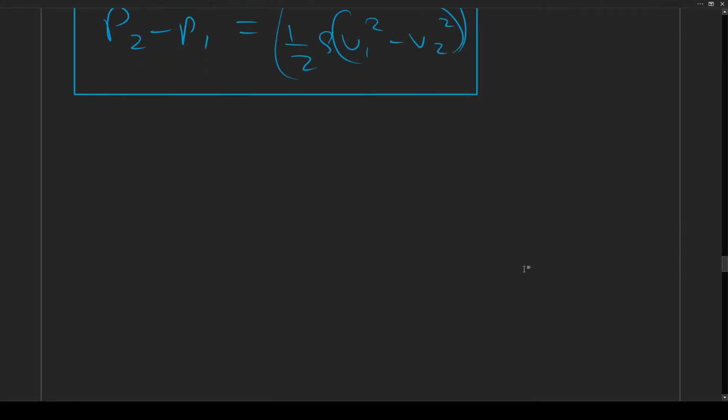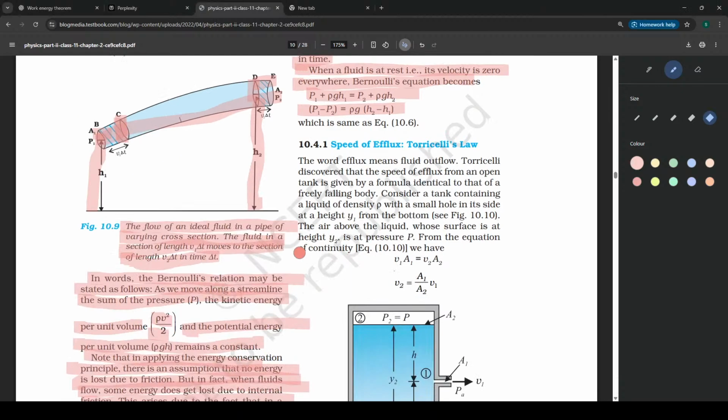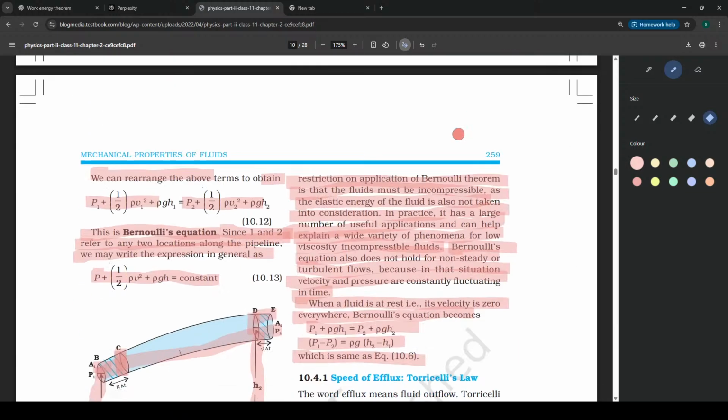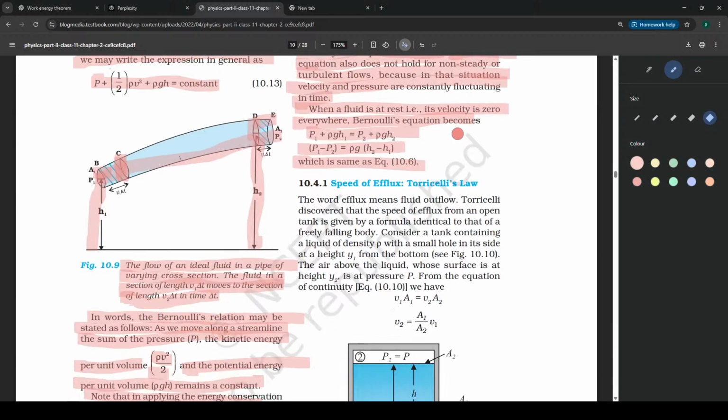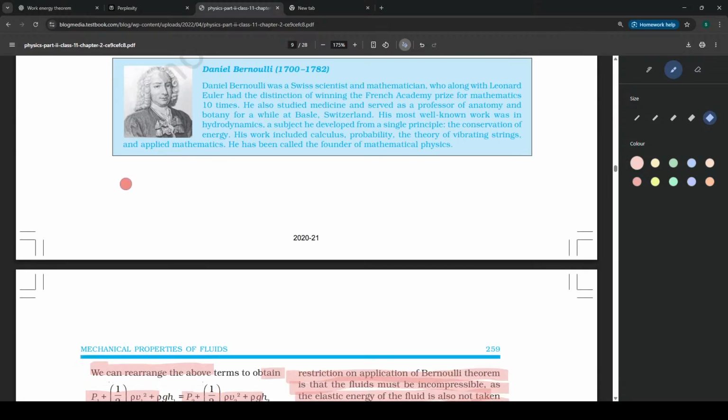Okay, that is about Bernoulli's equation. Let's go back. Before going to the next topic, that is speed of efflux, Torricelli's law, let's see something about Daniel Bernoulli, the great scientist who gave us Bernoulli's equation.